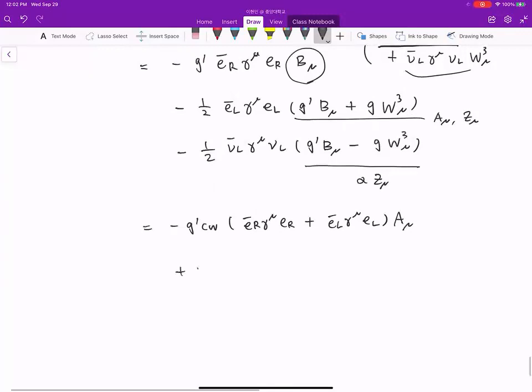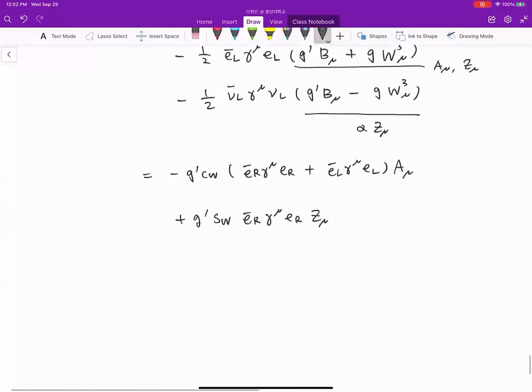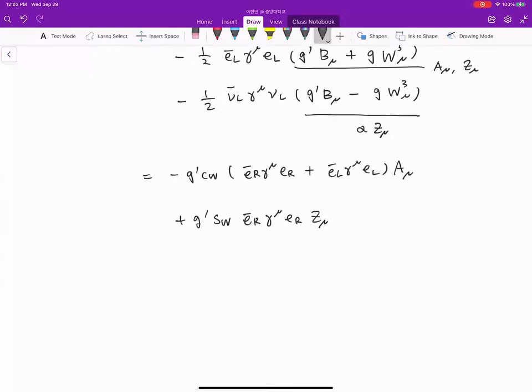And plus Z. And the electron couples to the Z boson, but you see the coefficients are different for left-handed and right-handed.